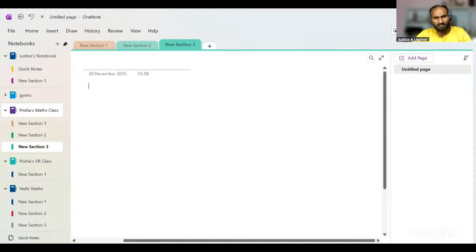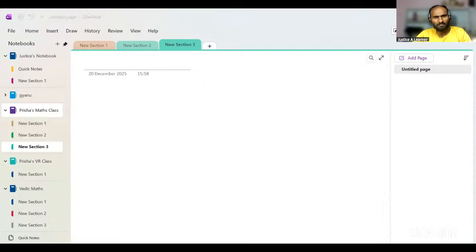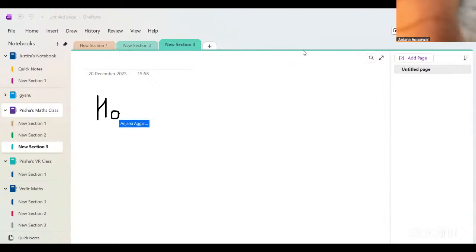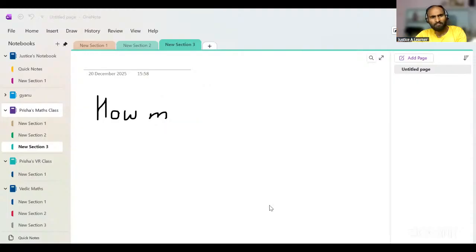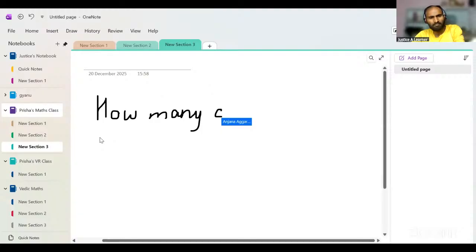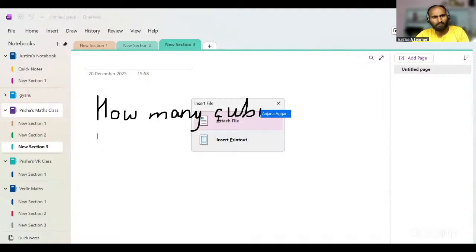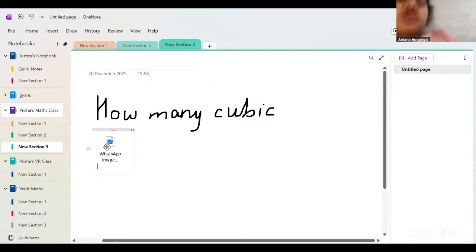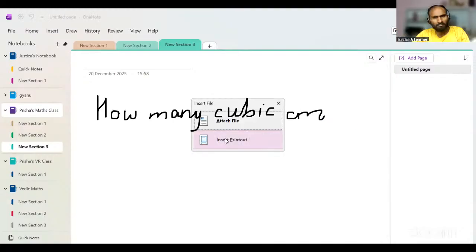So the question was, just write it. How many cubic centimeters of wood?